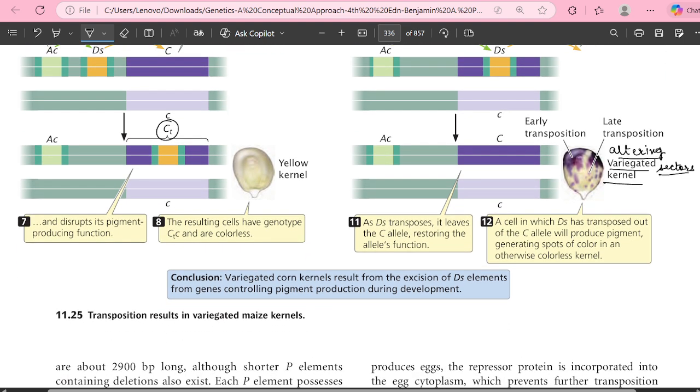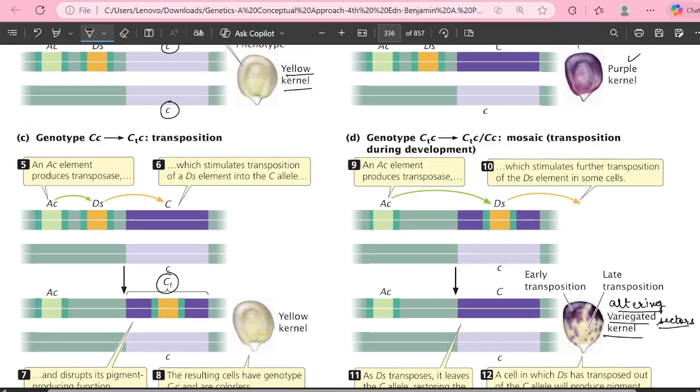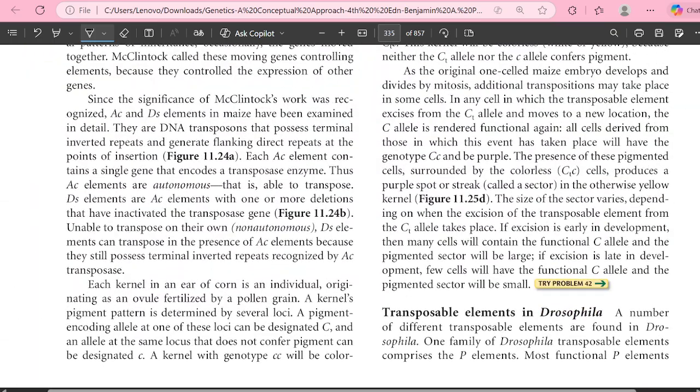So the variegated corn kernels result from the excision of DS elements from genes controlling the pigment production during the development. So it all happens during the development only, that the DS element is inserted and later it is also removed. Also remember, if the excision of this DS element occurs early in the development, meaning it is exiting early from that particular C gene, then the pigment sectors will be broad and large.